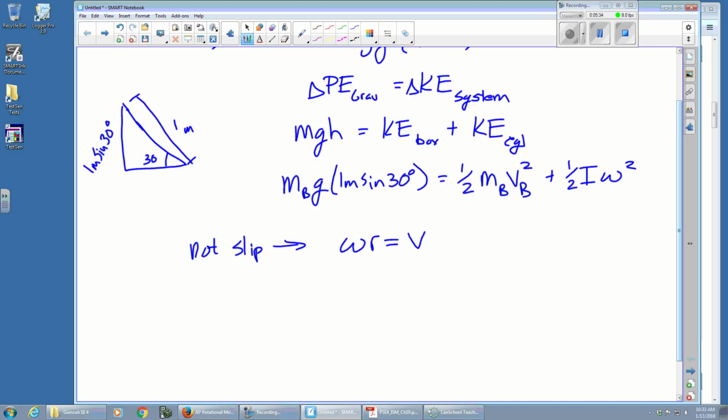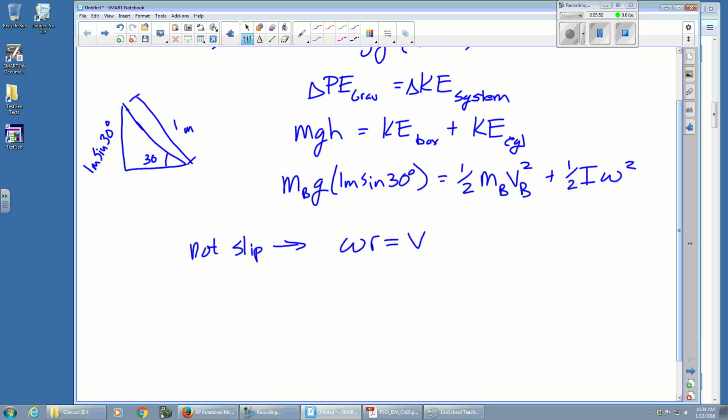So that relationship between the translational motion and the rotational motion is only true if there's no slipping going on. If there is slipping, then this relationship is not true.